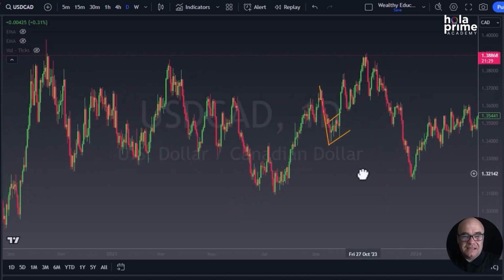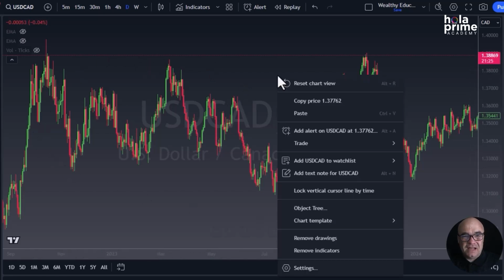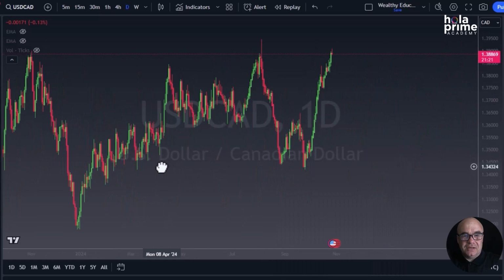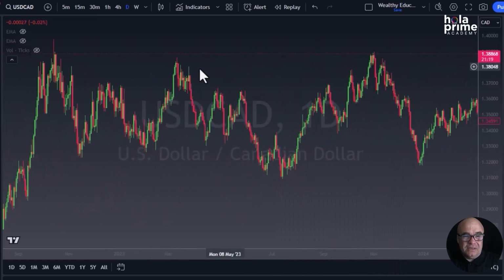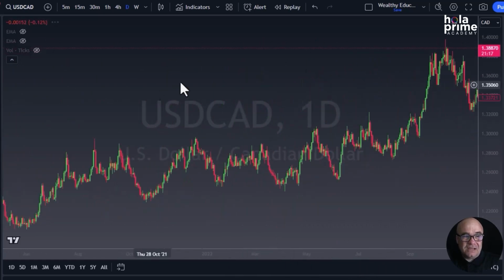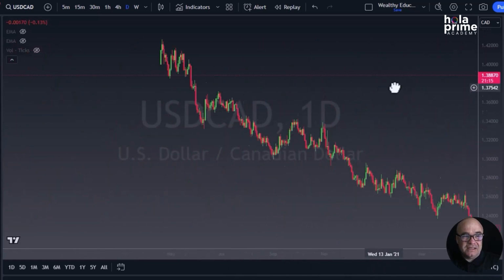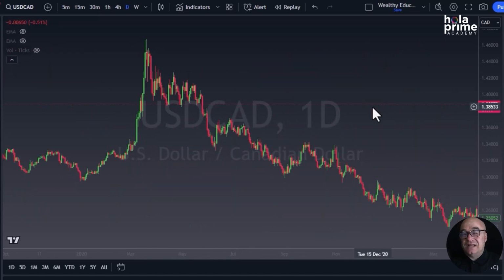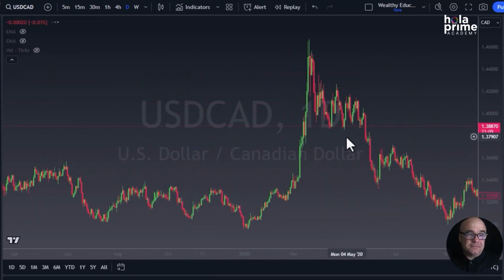Furthermore, as I just stated, I'd be a little bit cautious about trading a flag inside an area that is so obviously sideways for some time anyways. I am looking at the dollar against the Canadian dollar on a daily time frame, so that's actually several months that we are looking at.